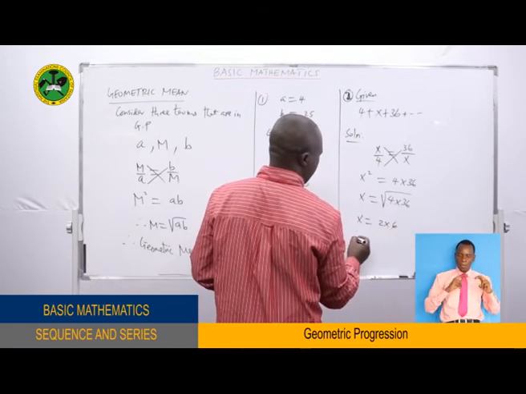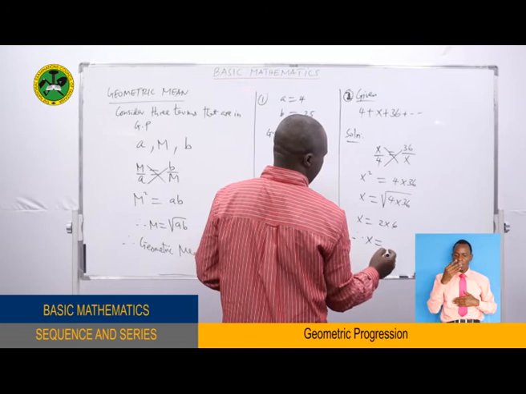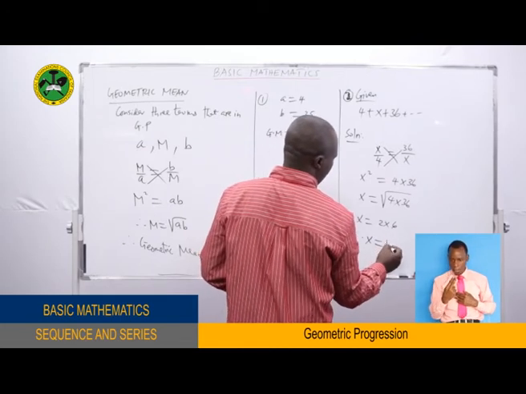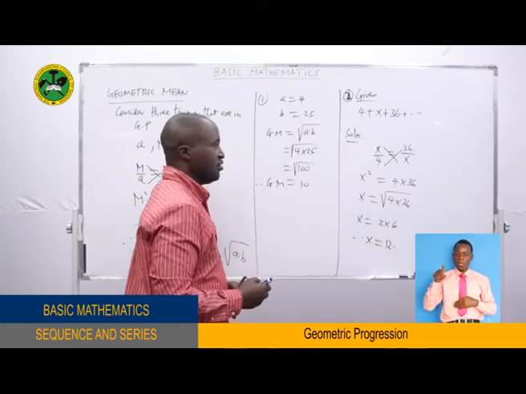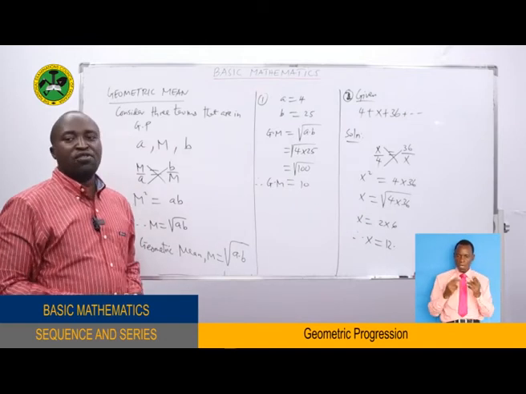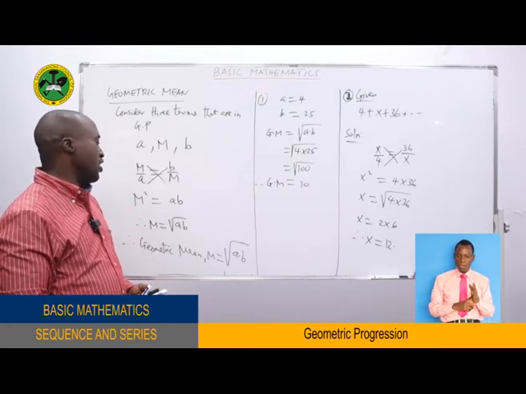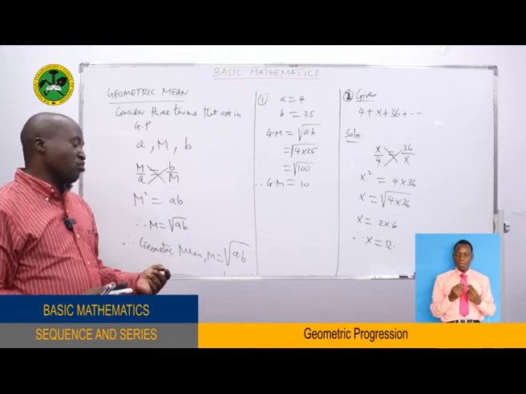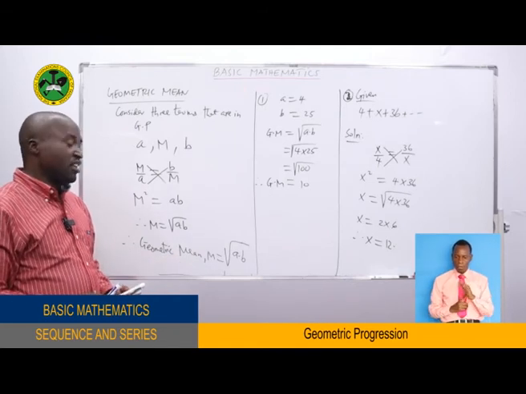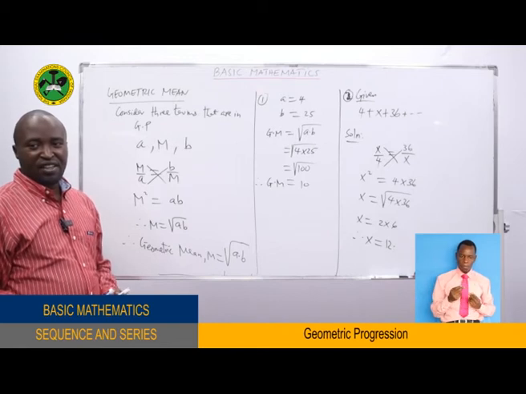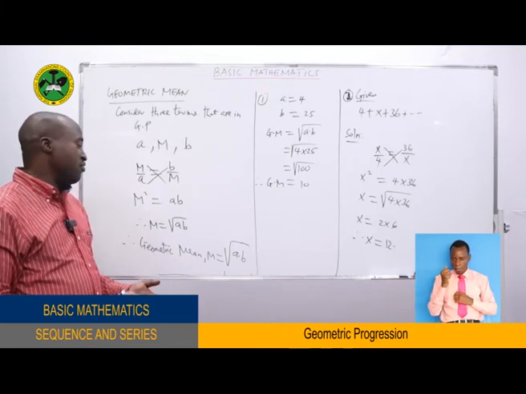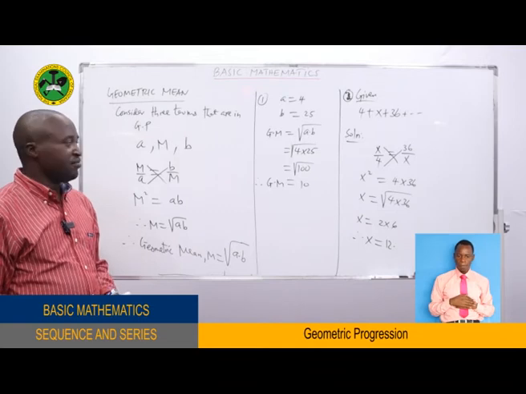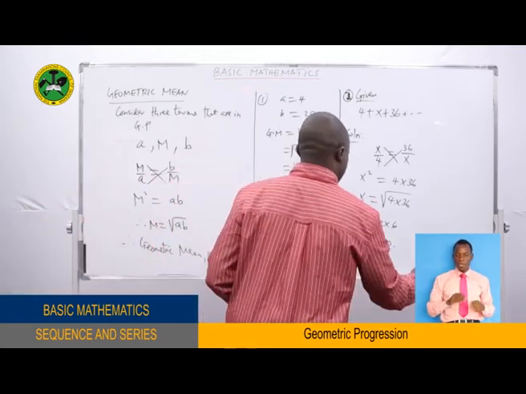So the value of x is equal to 12. But of course, you can use the formula to find the geometric mean by saying m is equal to the square root of a times b. That is the alternative method.